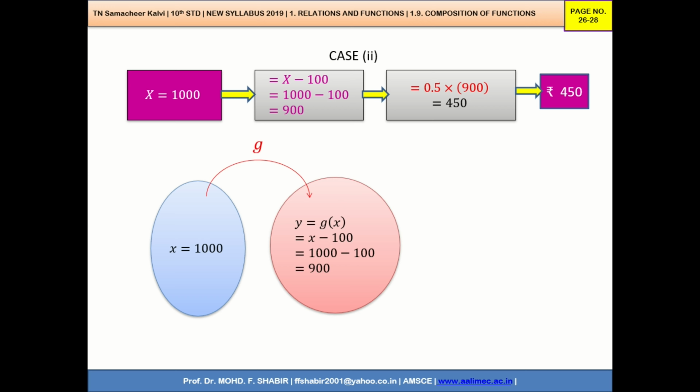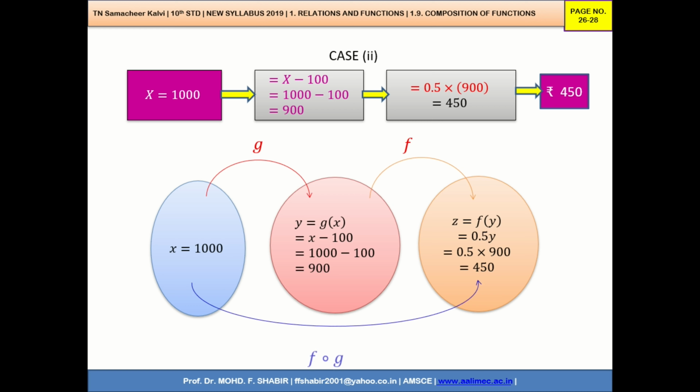Again, for input equal to 900 rupees, for coupon number 1, the output is 450. Therefore again, between y and z we have a function. This is called f. Now overall, if you put together, there is a function between x and z. So it is called f of g. We apply first function g, then apply function f. So it is called f of g.